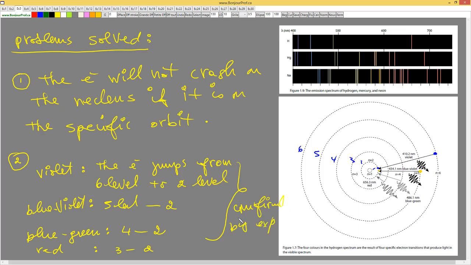It was a success for Niels Bohr, but I have to summarize because Niels Bohr is very important.